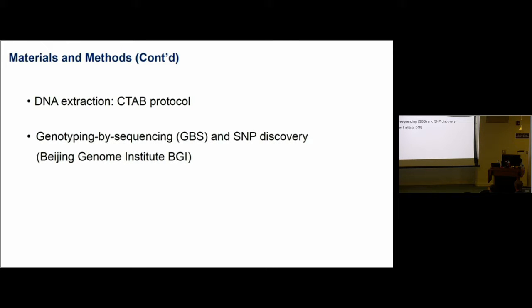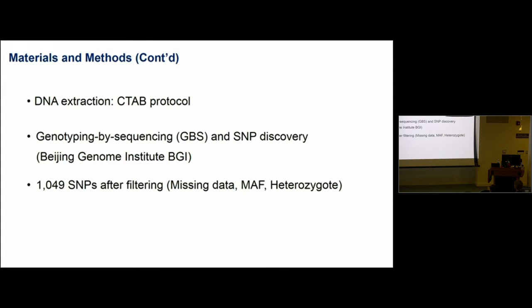With respect to the genotyping section, we extracted the DNA from those genotypes using the CTAB protocol, and the GBS for the sequencing and SNP discovery were done by BGI in China. And we've used about 1,000 SNPs after filtering.